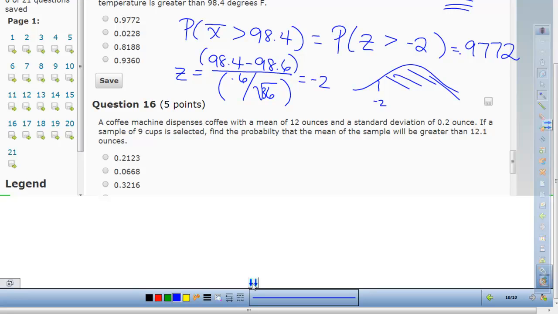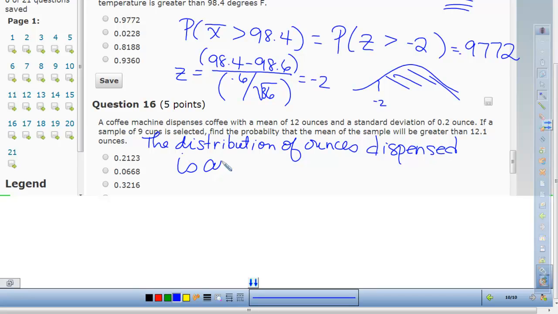Okay, this would be a good one where it should be added that the distribution of, what are we looking at? I guess the distribution of ounces dispensed is approximately normal.